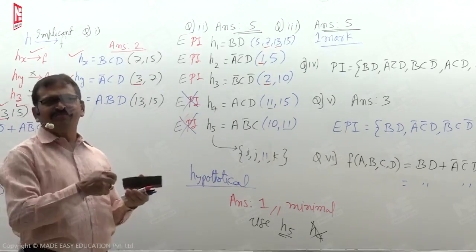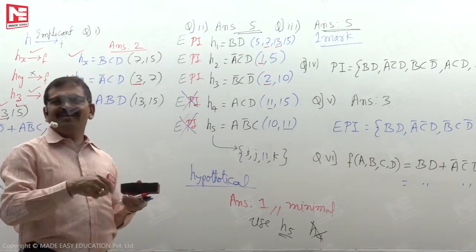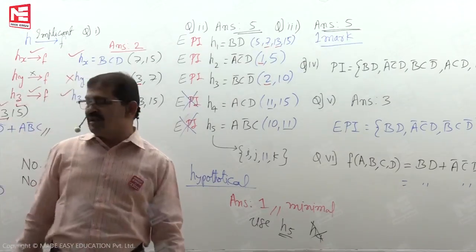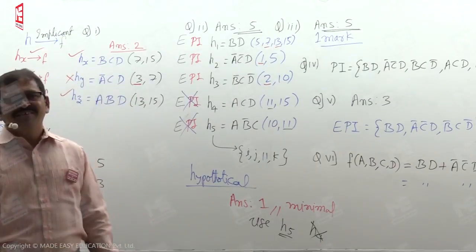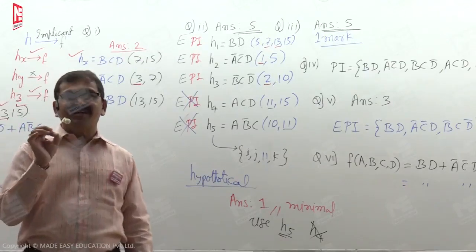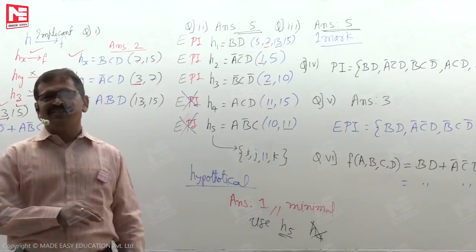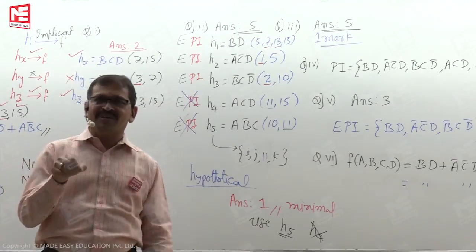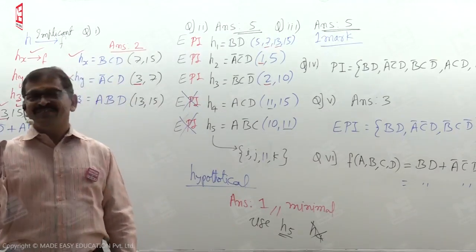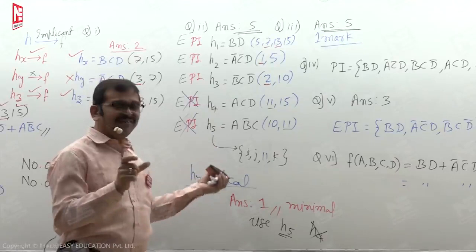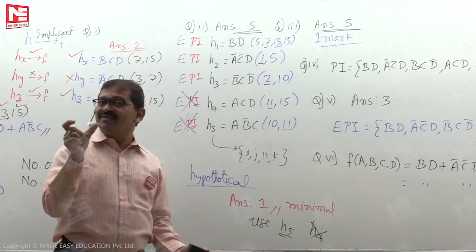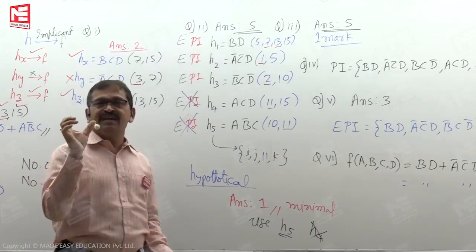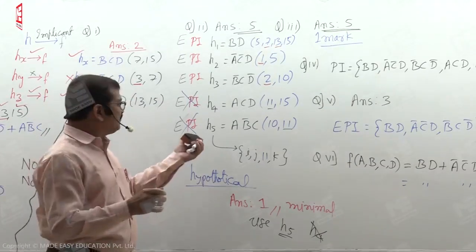Look at the definition of the minimal expression. The minimal expression must contain a minimum number of terms. That is the first condition. The second condition is that each product must have a lesser number of literals. So why are we choosing H5? The answer is the second condition: each product must have fewer literals.